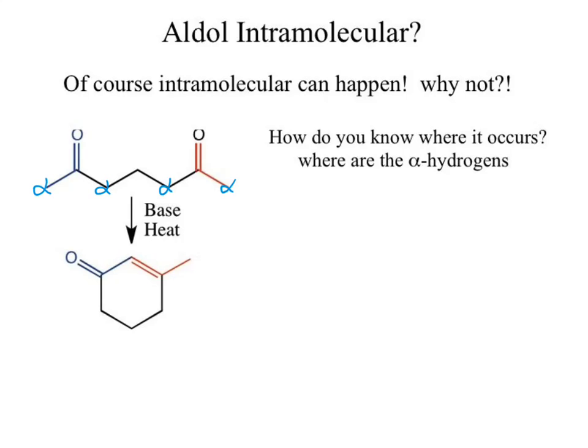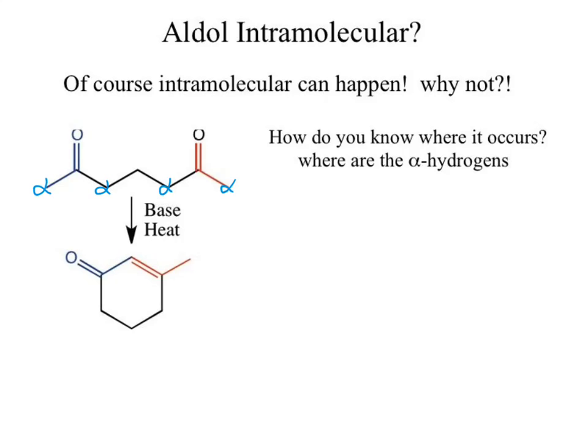Once we have that nucleophile, it can then react with our other carbonyl and form a cyclic structure. The question is, which hydrogens go through this enolization? You're going to love the answer. All of them. Every last one of them enolizes.